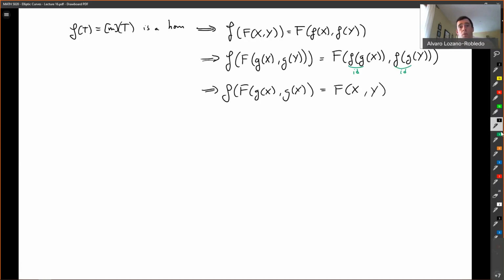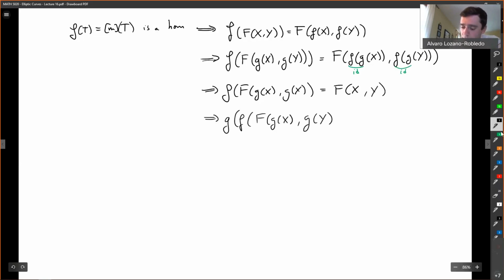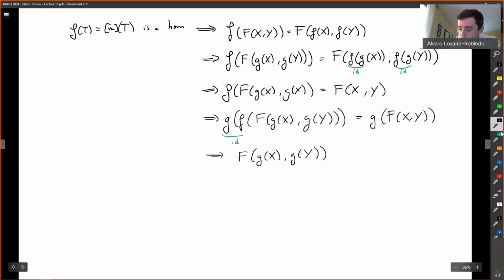Now I'm going to apply g to both sides. So g(f(g(x), g(y))) is g(f(x, y)). But again, g composed with f, no matter what power series, is the identity. So this gives me F(g(x), g(y)) is g(F(xy)). And that is what I wanted.